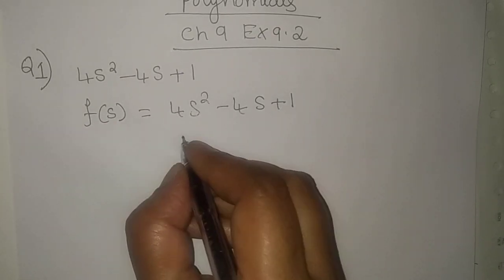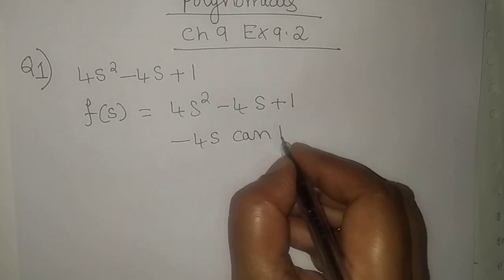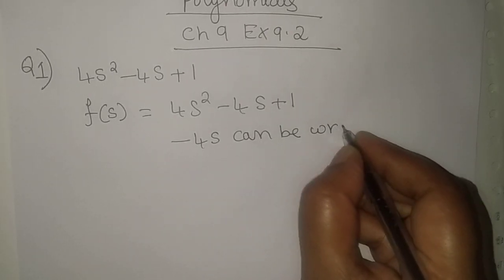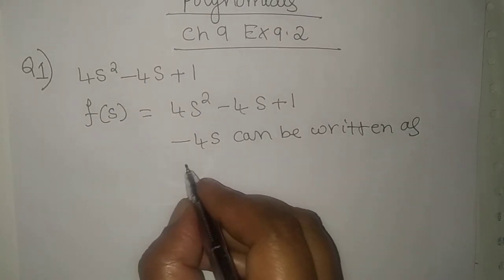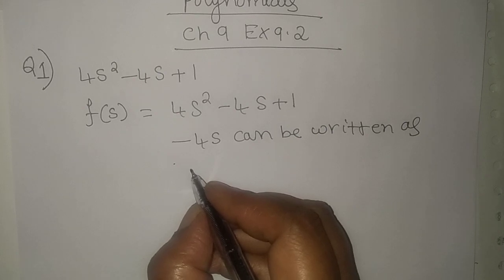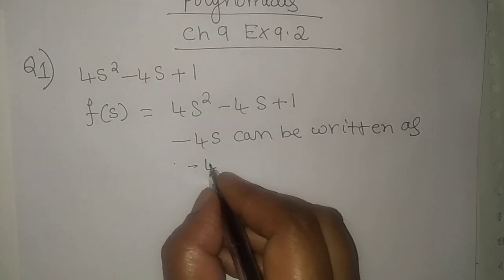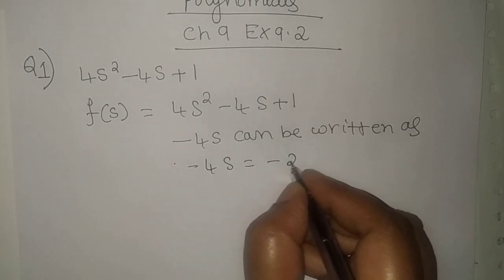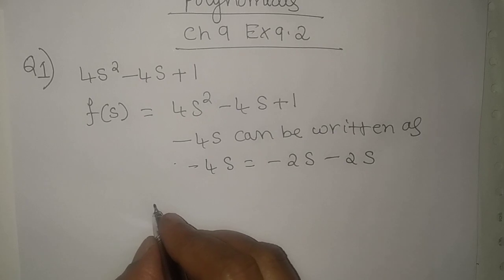Now minus 4s can be written as minus 2s and minus 2s.